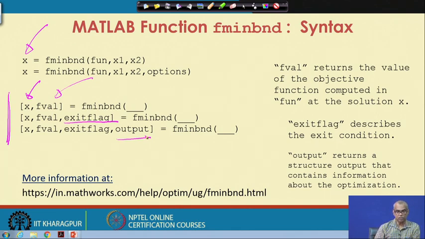So, the output structure will tell you about the optimization, how many function evaluations were required, what algorithm was used, and so on and so forth. You can obtain more information about the use of fminbnd on the MATLAB website.